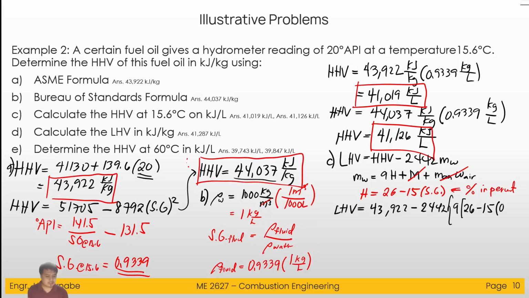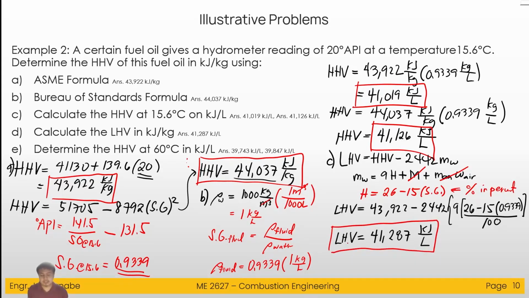Specific gravity is 0.9339. And you divide this by 100 because it is a percent, to convert this to decimal places. The low rating value can be found to be also 4187 kilojoule per liter.